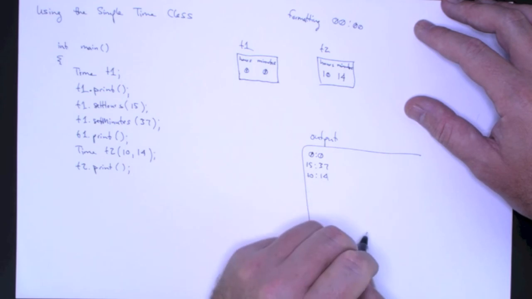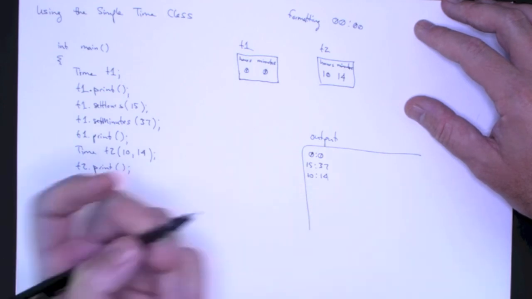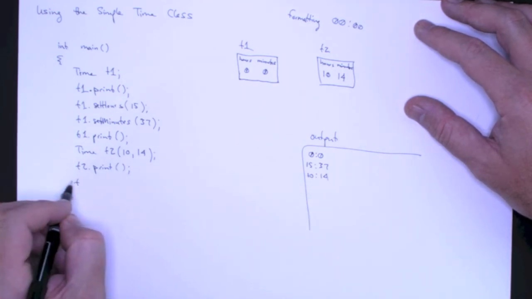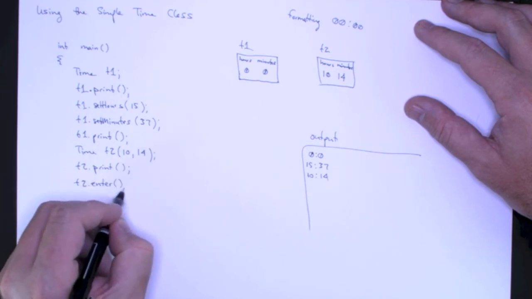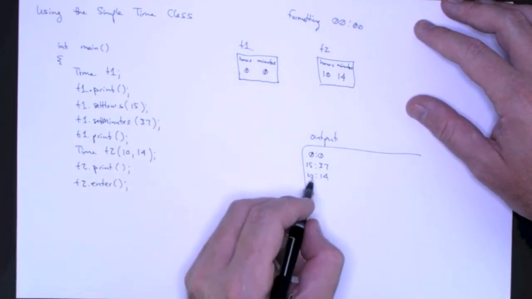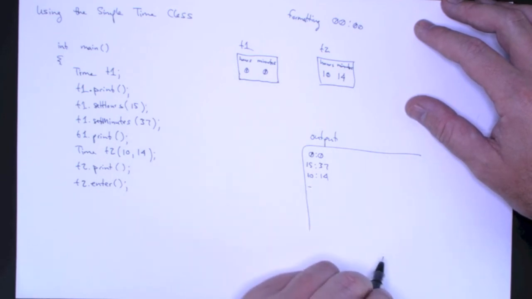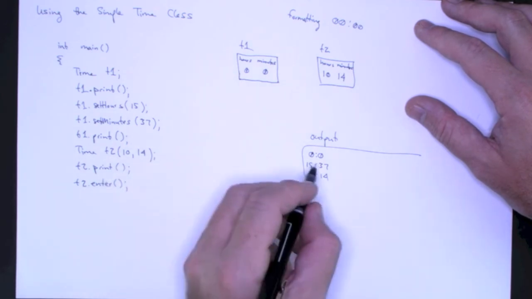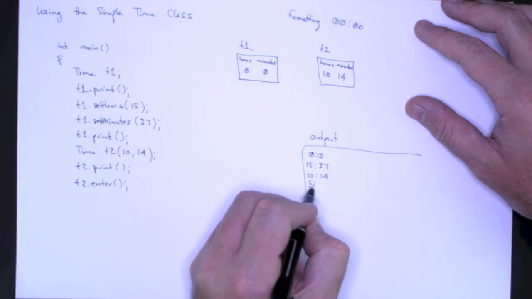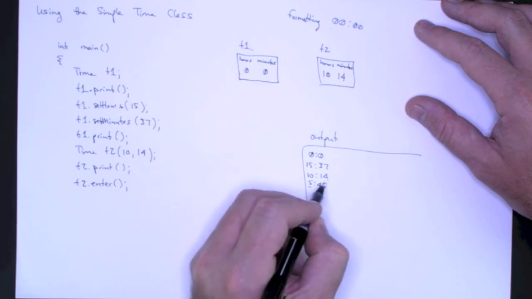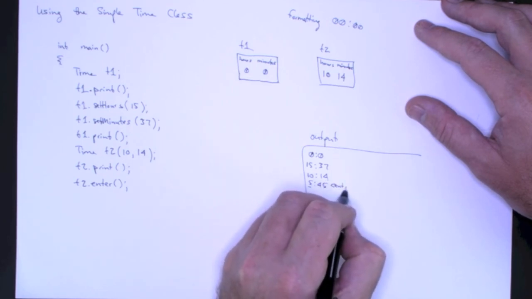Now if I call enter, it is going to prompt me to enter a time, and so I can enter 5:45, and then I'll hit enter.